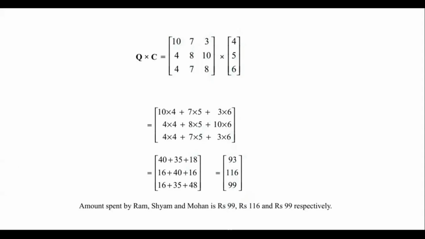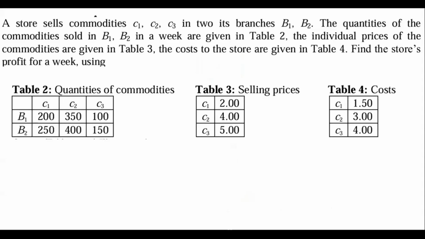But let's do a harder one. This one is much harder now, and it would involve matrix multiplication. So let's see. Let's go. So here, a store selling 3 different types of things at 2 branches, right?